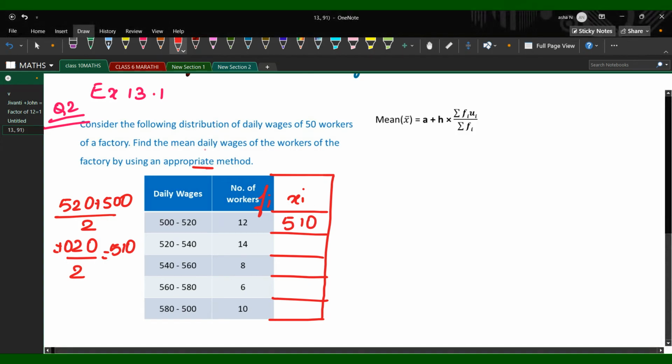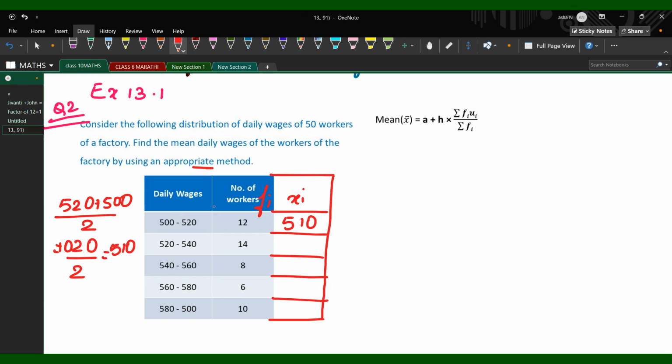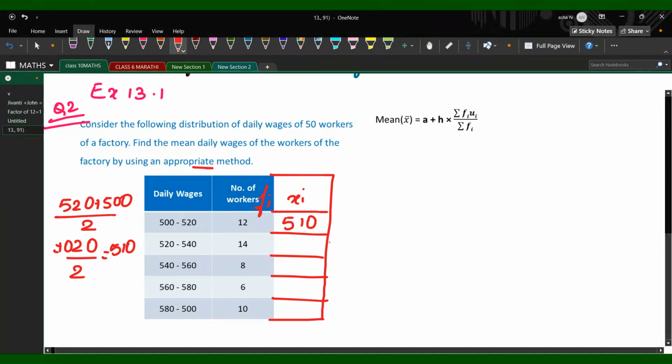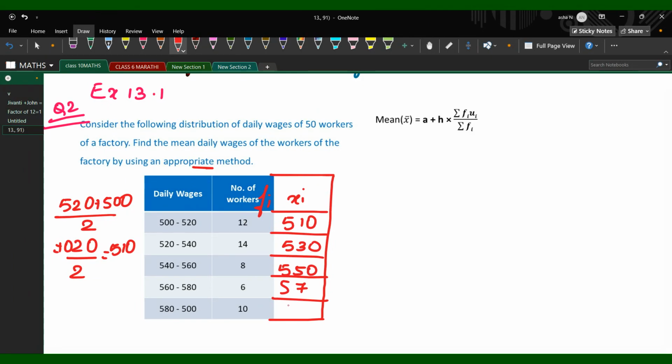Basically, what will be the answer? The answer will be somewhere in the middle of 500 to 520. What is in the middle of 500 to 520? It is 510. The next one will be 530, the next 550, the next 570, and the next one will be 590.